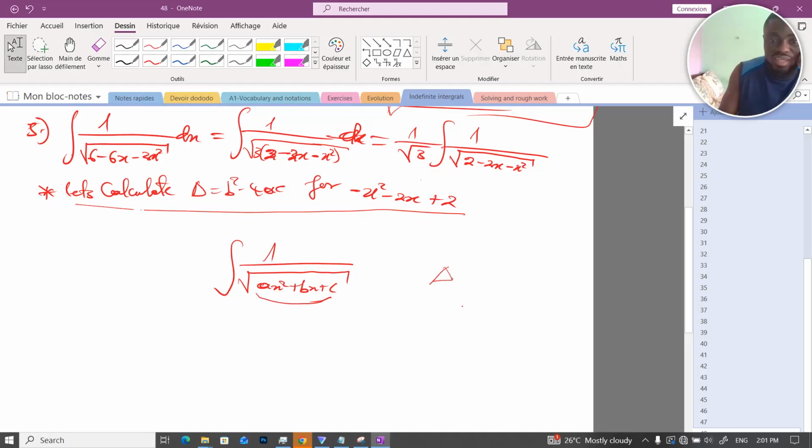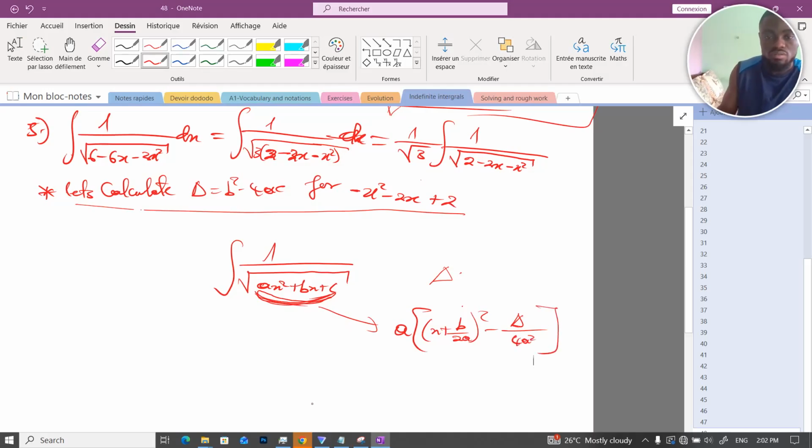Whether you calculate delta or what, it will be the same approach that you are going to use. You complete the square of what is inside here using the completing the square formula, that is a into x plus b on 2a, all that square, minus delta all over 4a squared.